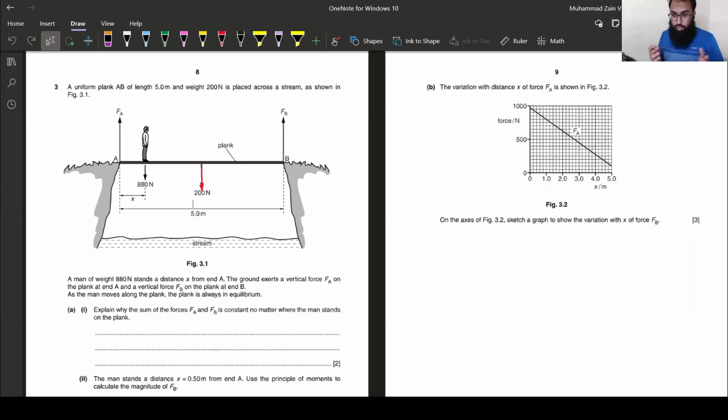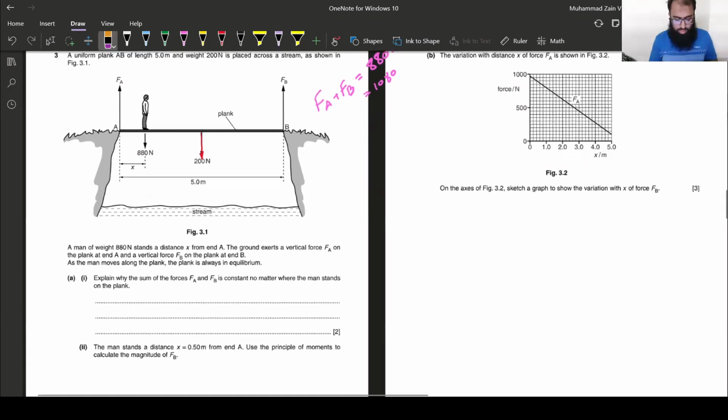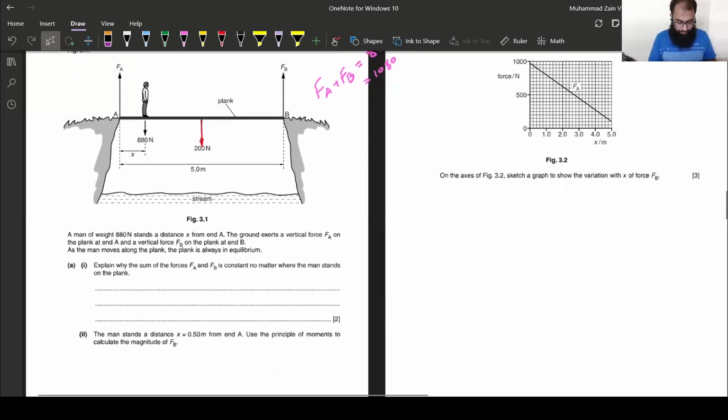So Fa plus Fb must always be equal to 880 plus 200 Newtons, which is the weight of the man plus the weight of the plank, which is 1080 Newtons. So wherever the man stands, the sum of these forces would be equal to the combined weight of the man and the plank. That's why he may stand wherever he wants. I hope this part is clear.